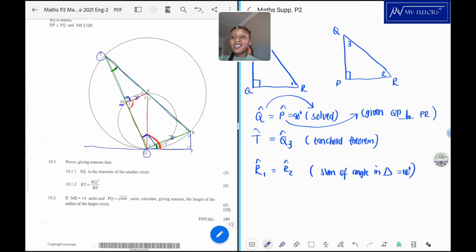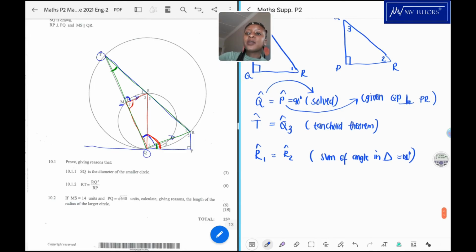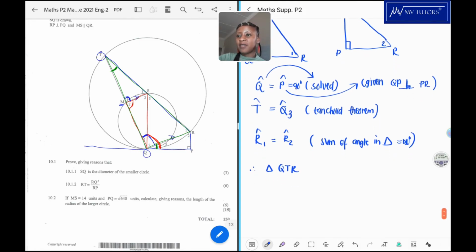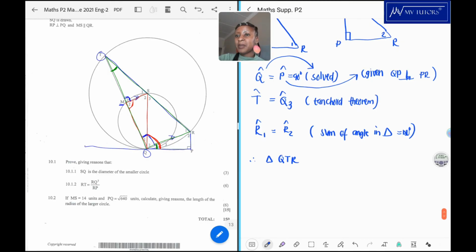Okay, so now we can conclude that triangle QTR, should I even put it like that? Maybe I should say RTQ. Yeah, or RQT.